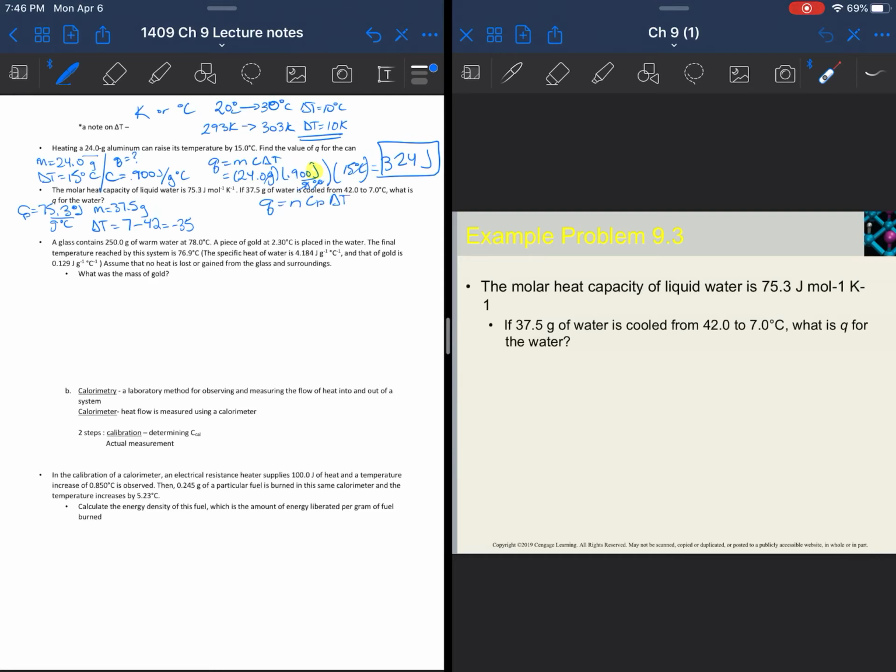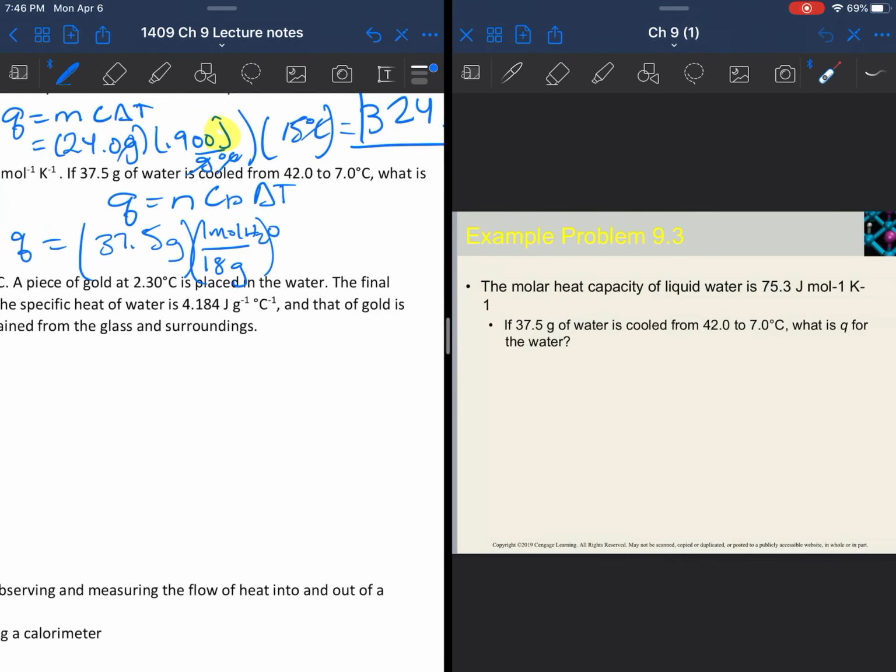Now, when we go to set this up using CP, we know that Q equals N CP delta T. But we have mass, right? So we're going to need to convert. Q is going to equal 37.5 grams, but we're going to convert that to moles. You guys know how to do that with molar mass.